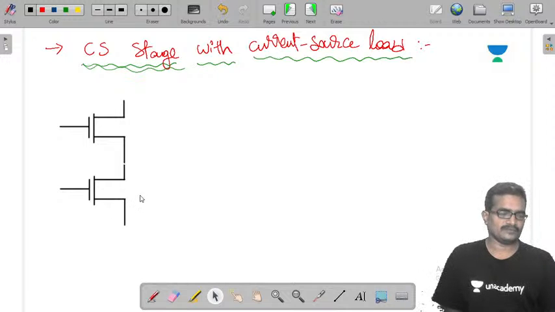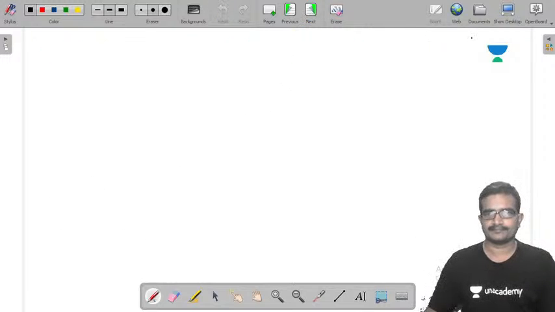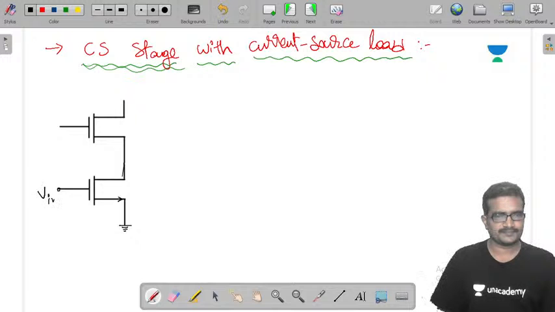Now this is the case. This is the regular device. Here I am applying input voltage.